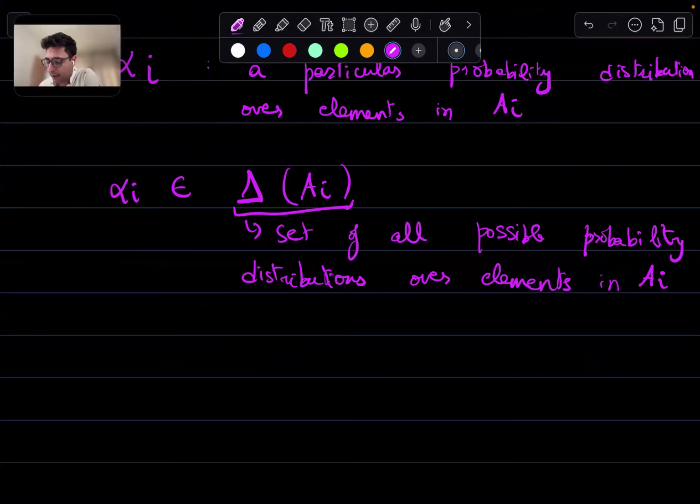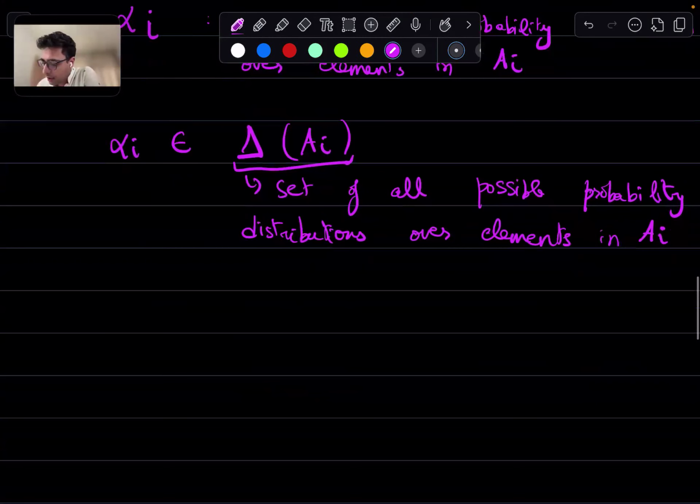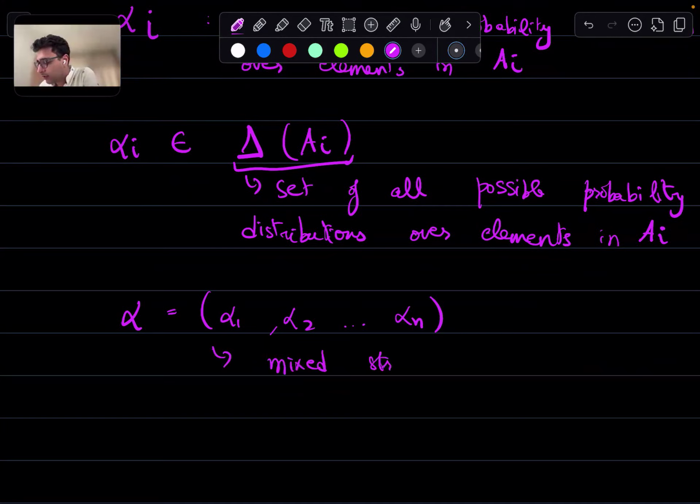Okay, and finally, alpha will be just the set alpha 1, alpha 2, up to alpha n. This is the mixed strategy profile. So this alpha without the subscript specifies the mix chosen by player 1, the particular mix over all actions chosen by player 2, player 3, and so on. Alpha i is for a particular player i. Alpha minus i specifies the same thing for all players other than player i.